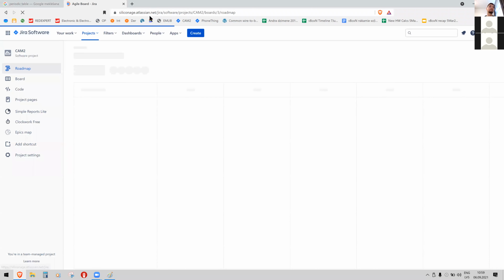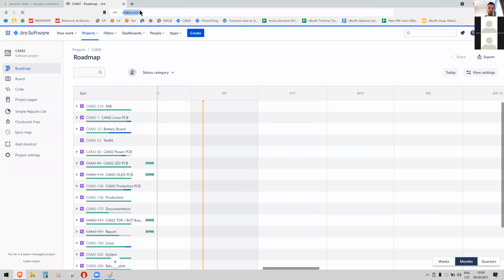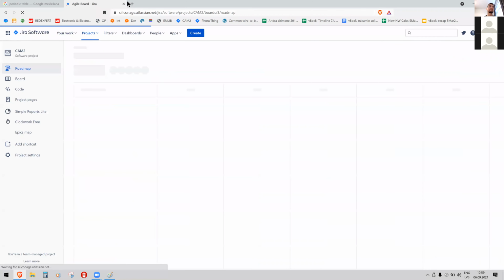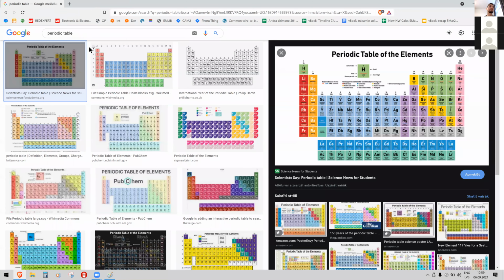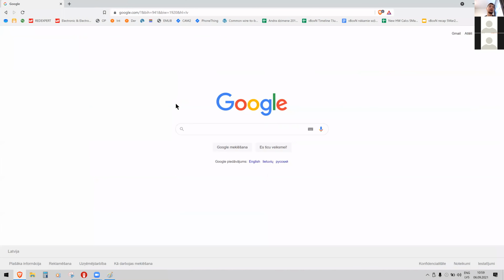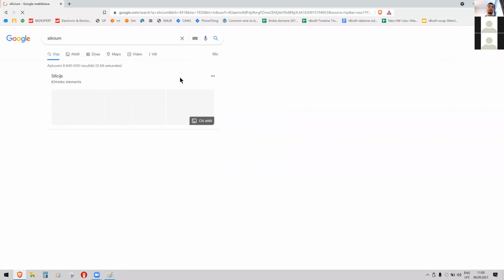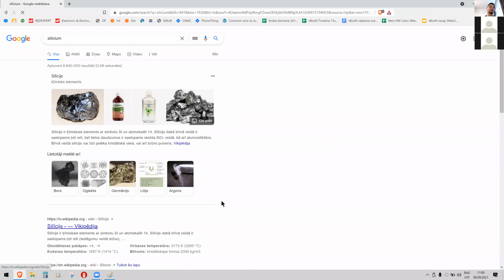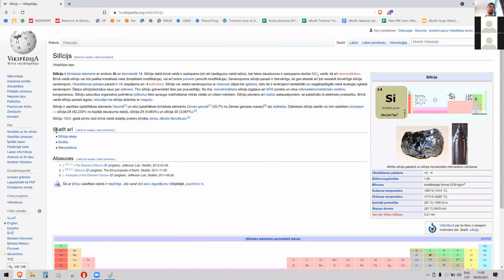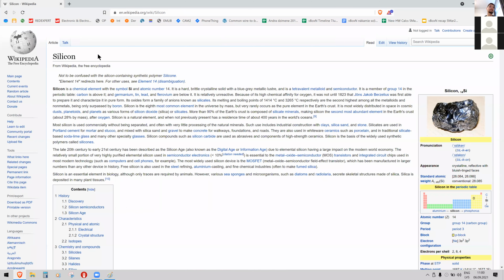Well, it says here the element is silicon, but in different languages, in Latvian, it's called silicis.